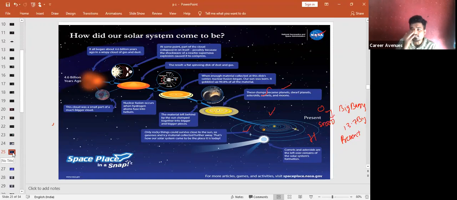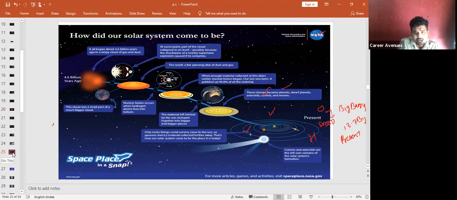Whenever a star explodes due to deficiency of fuel, it forms clouds of dust and particles. And around 4.6 billion years ago, we had this nebula, a wispy cloud of gas and dust.